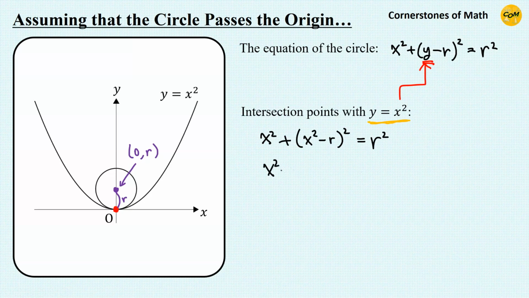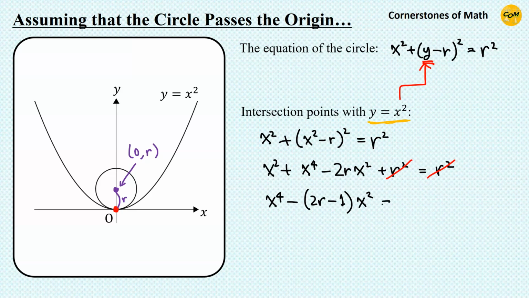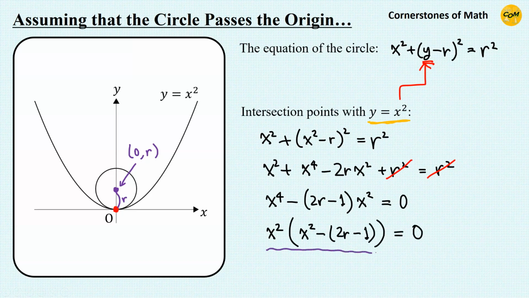So x squared plus x to the power of 4 minus 2rx squared plus r squared equals r squared. So x to the power of 4 minus (2r minus 1) x squared equals 0. So x squared times (x squared minus (2r minus 1)) equals 0. Let us ponder on this result.